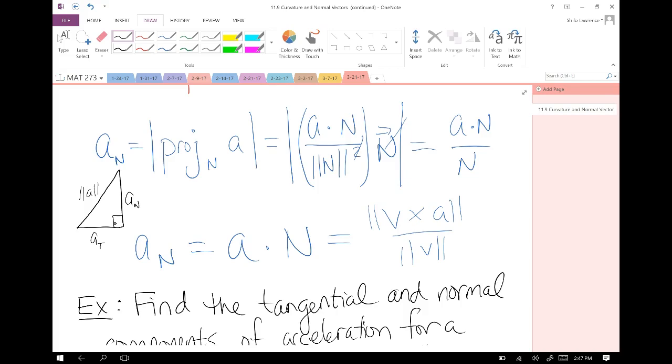So if you get one of them, you can always do Pythagorean theorem to get the other, which somebody was talking about earlier when we were talking about projections and stuff. So that's also an option.